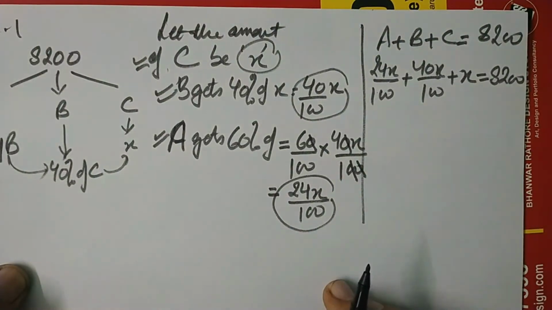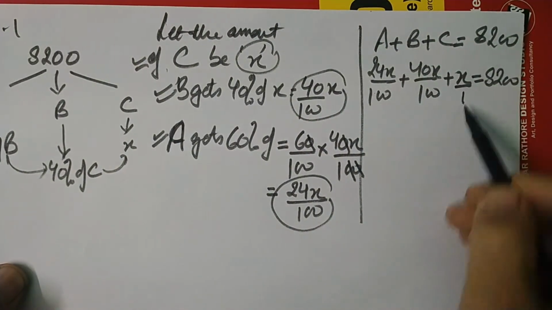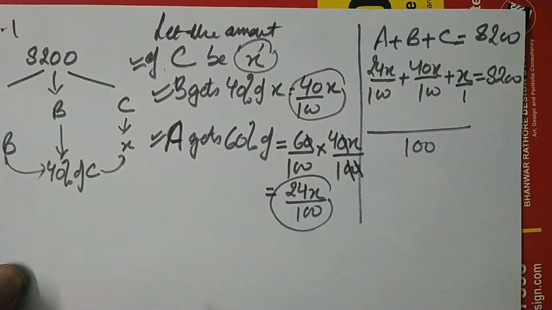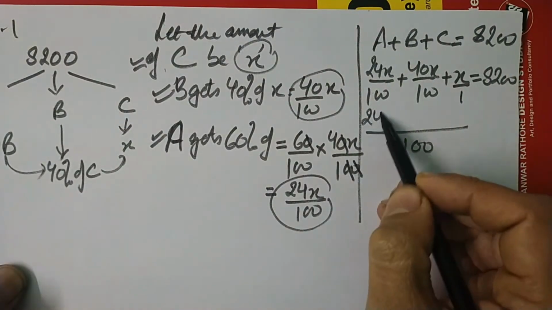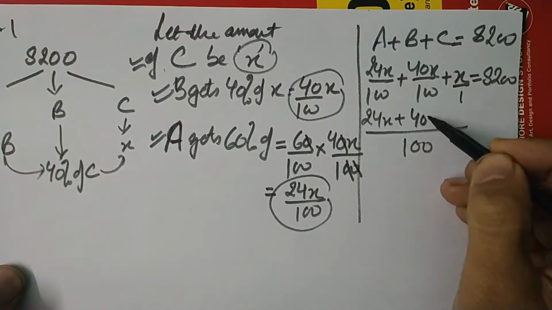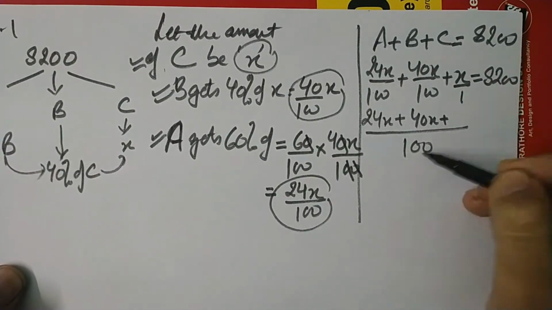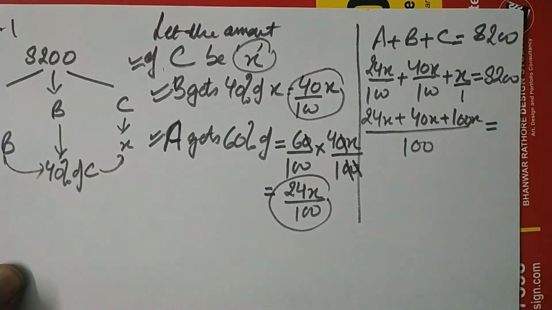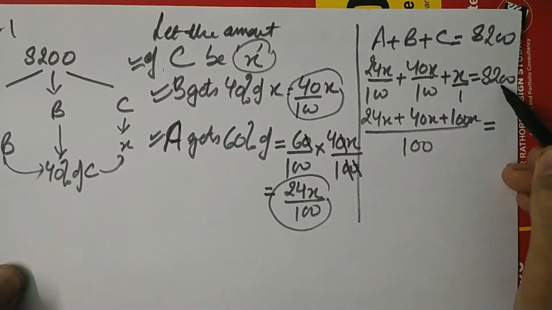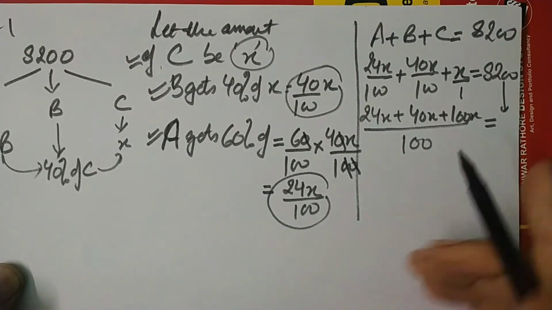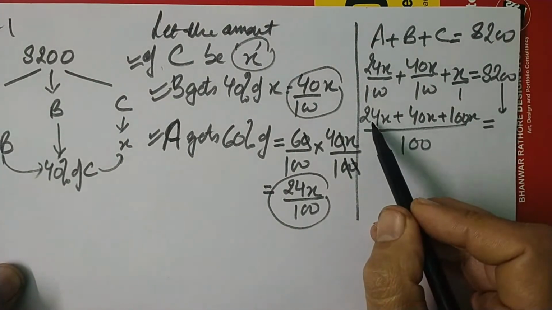Now solve and take the LCM. This will become 24x plus 40x, and with minimum calculation, 100x is equal to 8200. So when you add it, it will become 100 plus 40 plus 24.